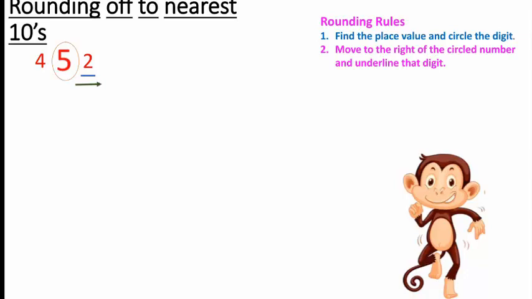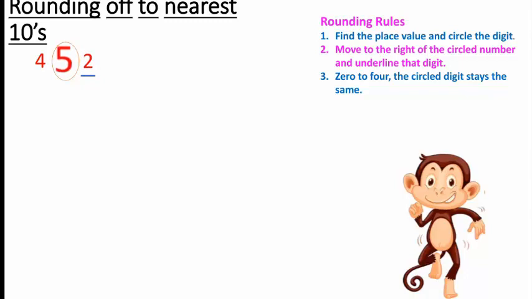Clear? Now after that, what is your third rule? If the underlined digit is less than 5, the circled digit stays the same. Clear? So here 2 which we have underlined is less than 5.